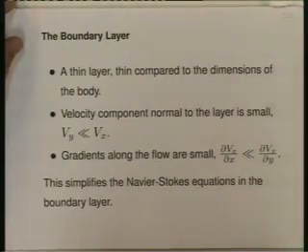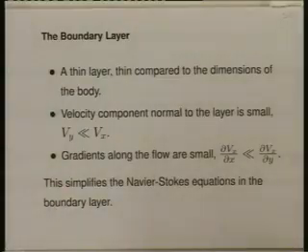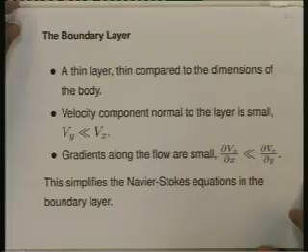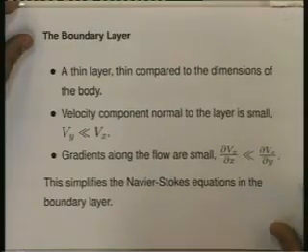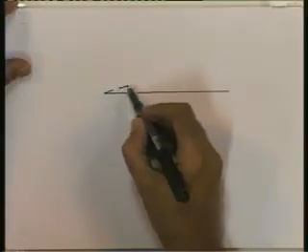The second characteristic of a boundary layer is that the component normal to the layer is small compared to the component parallel to the boundary layer. If I show a boundary layer again on a flat plate, let us say this is the boundary layer.